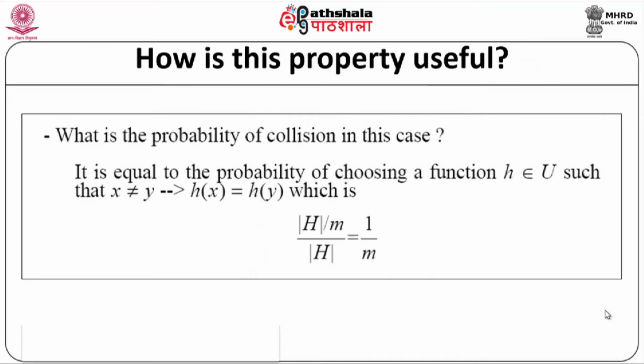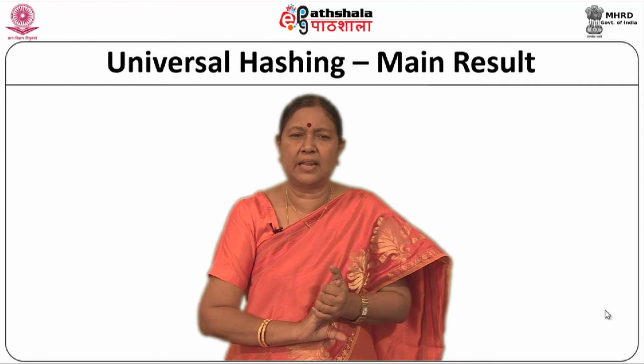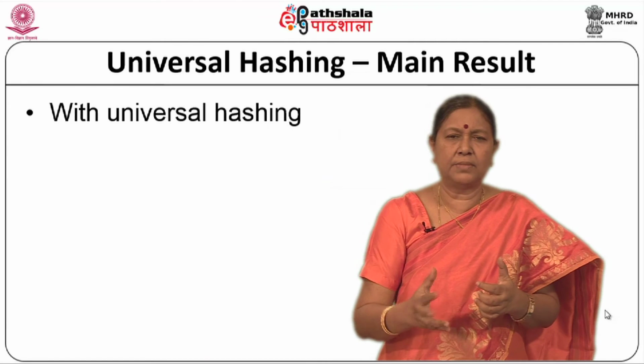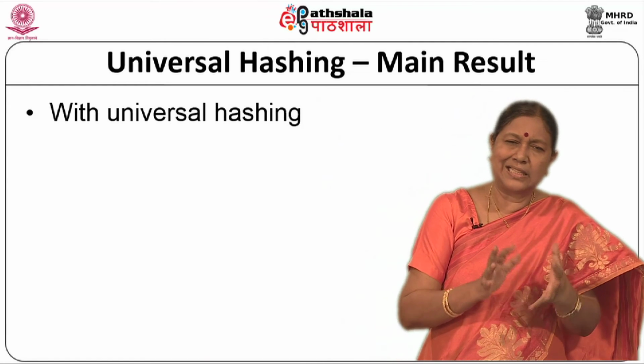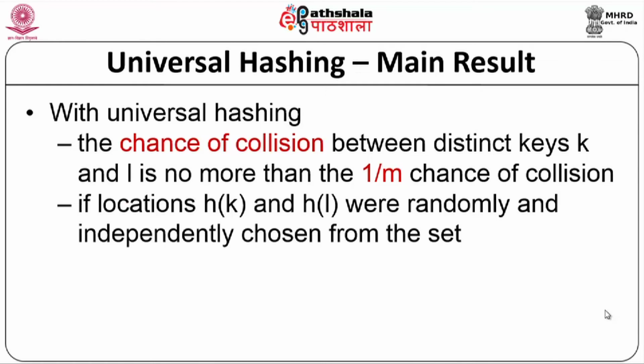This property is very useful because the probability of collision is only of the order of 1 by m, and the main result is the chance of collision between distinct keys k and l is no more than 1 by m if the locations h of k and h of l are randomly and independently chosen from the set.